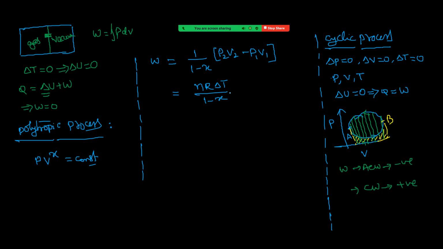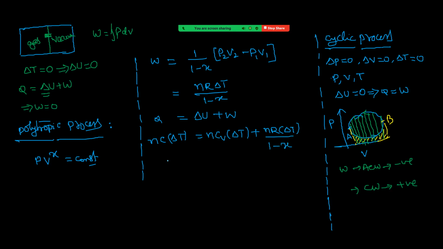Now take this in the first law. First law: Q equal to delta U plus W. In the place of Q, it is nC delta T. Delta U is always equal to nCV delta T. Plus, in the place of work done, nR delta T upon 1 minus x.